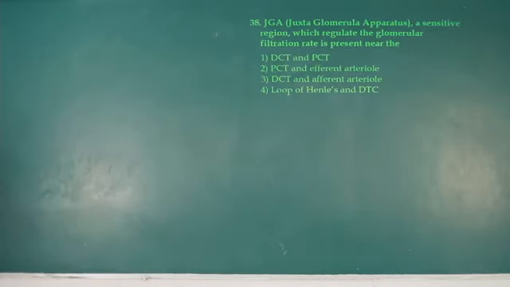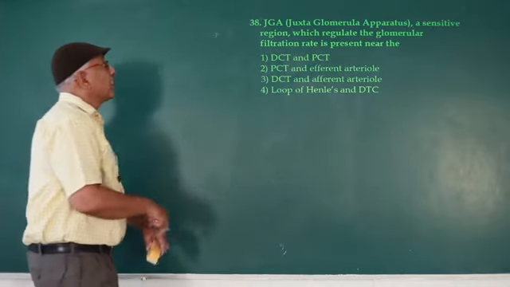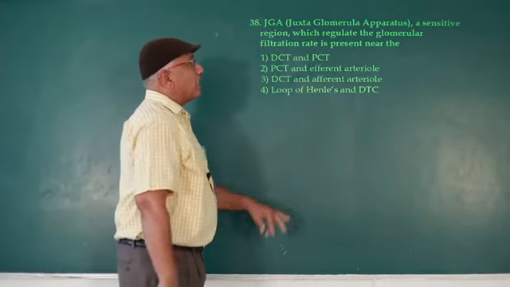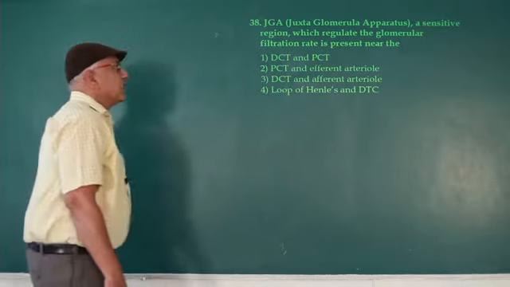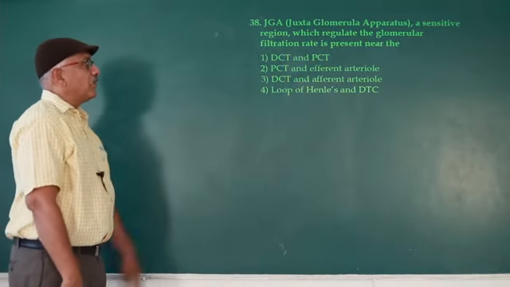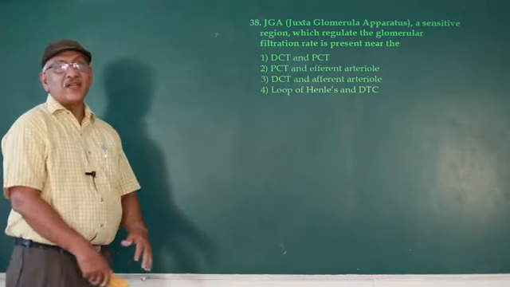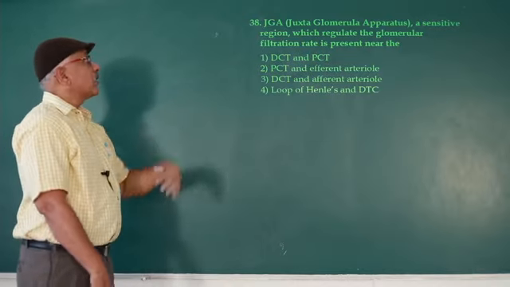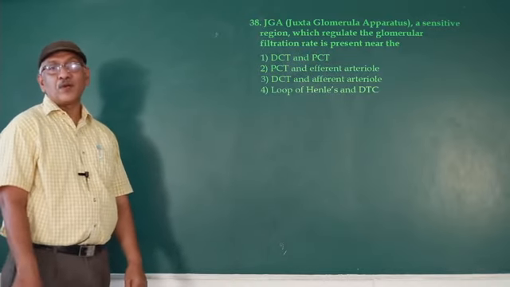Next question. Juxtaglomerular apparatus, a sensitive region which regulates the glomerular filtration rate, is present near. How is the juxtaglomerular apparatus formed?